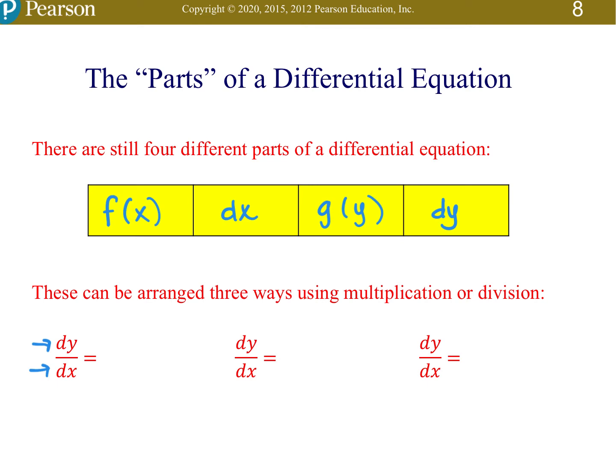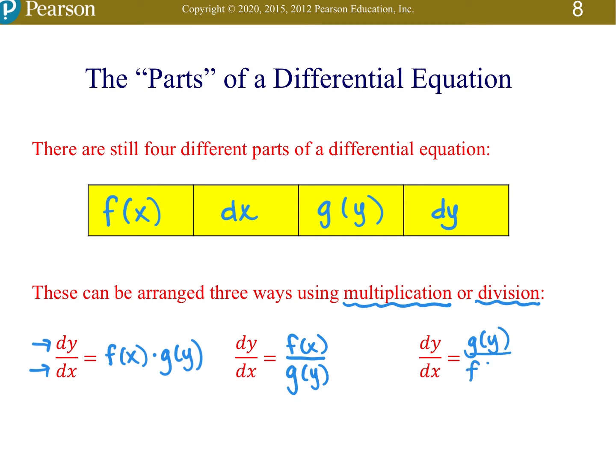And then the other 2 parts, the f part and the g part, can be arranged either using multiplication or using division. So if we have multiplication, we might have f of x times g of y. That might be a multiplication in the way it's arranged. Or we might have the x part on top and the y part on the bottom. That could be how it would be arranged. Or we might have the y part on top and the x part on the bottom.